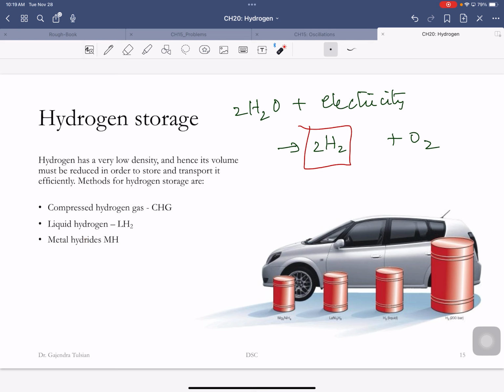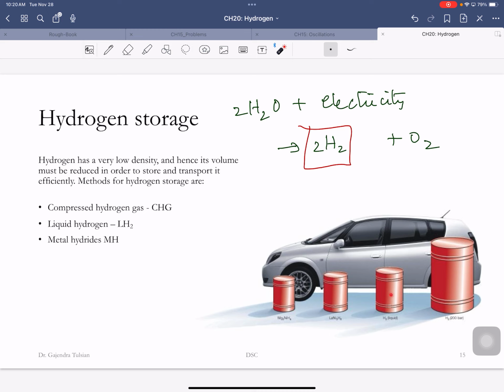So this shows you the hydrogen. You've stored a certain amount of hydrogen at 200 atmospheres. This is not practical for cars yet. That would be the volume of hydrogen you would need for the car.